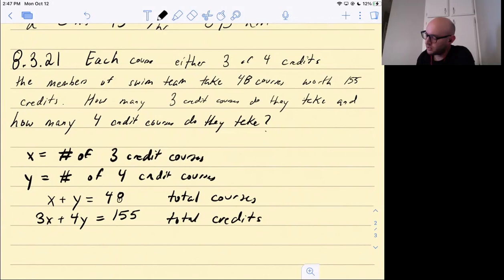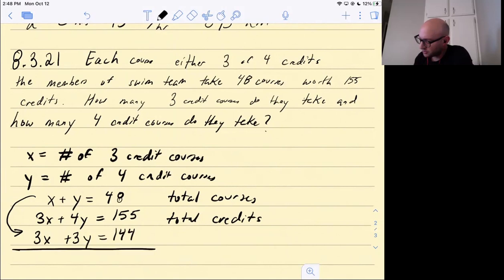And now we can just do elimination here. Multiply everything by 3. We'll get 3x plus 3y equals 3 times 48, which is 144. Then subtracting them, the 3x's will cancel.